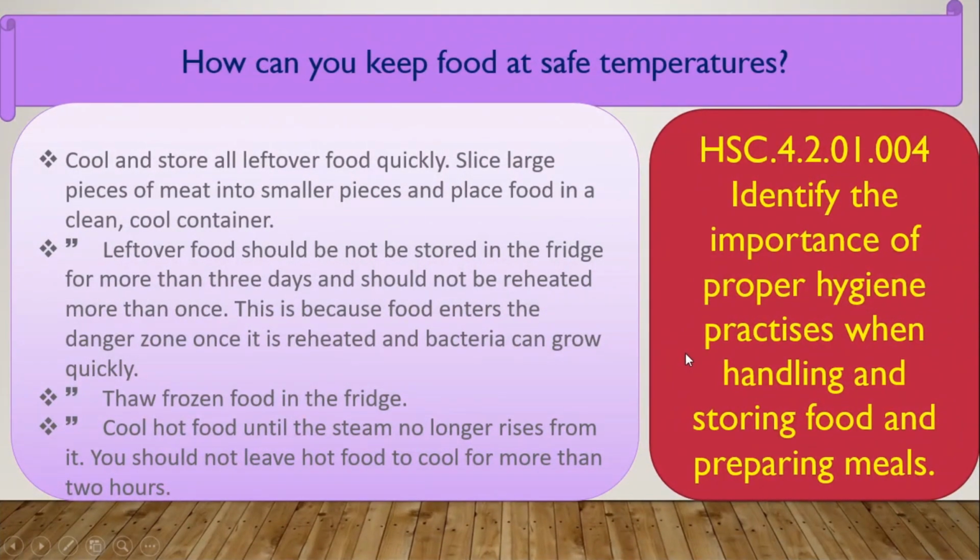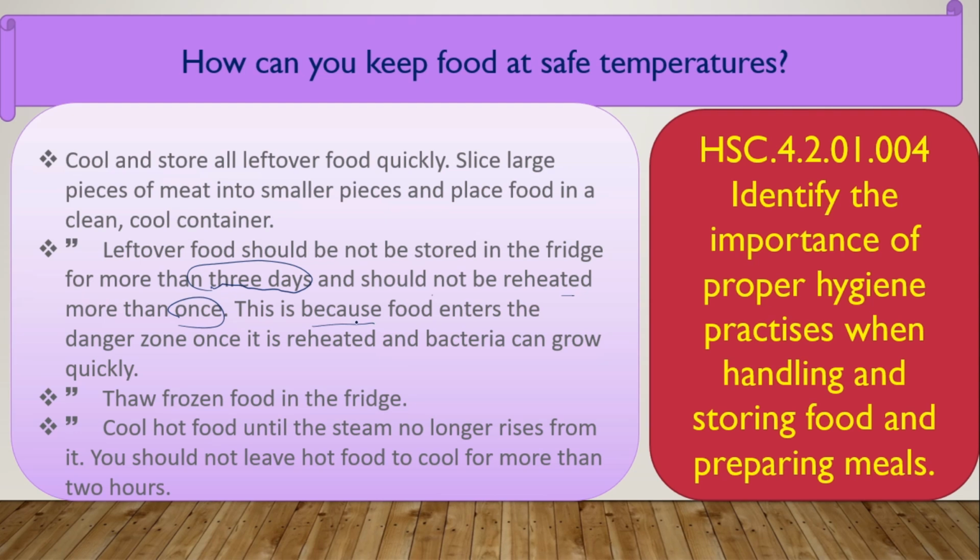How can you keep food at a safe temperature? Cool and store all leftover food quickly. Slice large pieces of meat into smaller pieces and place food in a clean, cool container. Leftover food should not be stored in the fridge for more than what? 3 days, and shouldn't be reheated more than once.